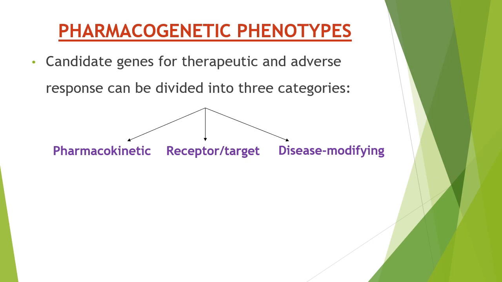And the third one is disease modifying. Disease modifying are those altering the broad biological milieu in which the drugs interact with target molecules, including changes associated with the disease for which the drug is being prescribed.